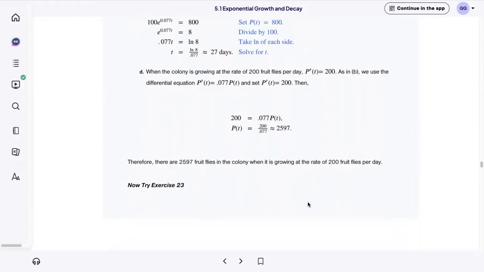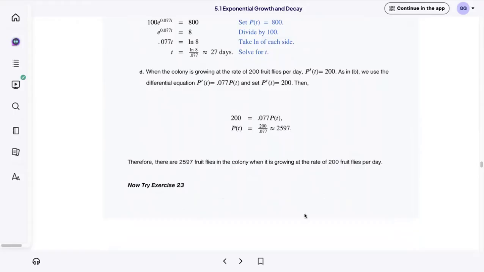D: when the colony is growing at the rate of 200 flies per day, the derivative is given. So P prime of t equals 200. We use the differential equation P prime of t equals 0.077 P of t, and set P prime of t equals 200.